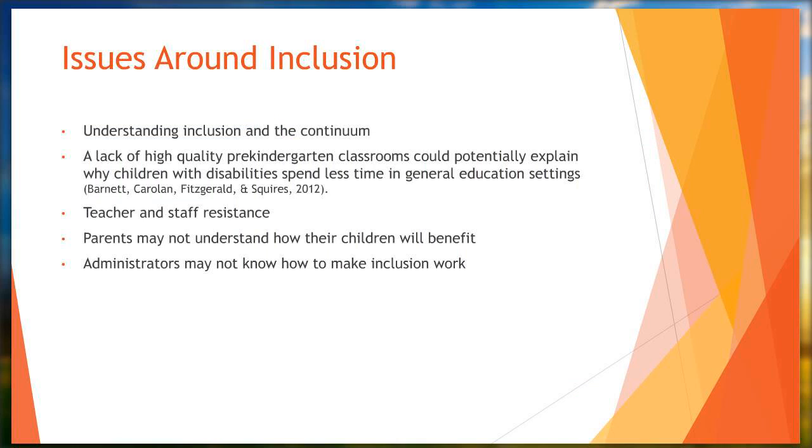The continuum really allows for thoughtful decision-making, but teams and parents may incorrectly use it as a map to choose what is most familiar, convenient, or easiest. When placement decisions are made this way, it's problematic. Strong knowledge about the definition of inclusion, the continuum, and the laws that guide inclusion are critical, and that's why we've spent a lot of time on today's webinar reviewing them.